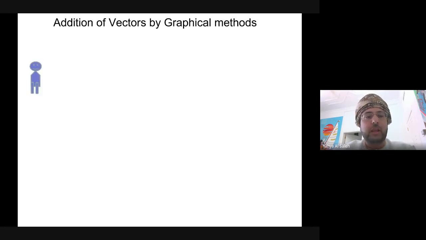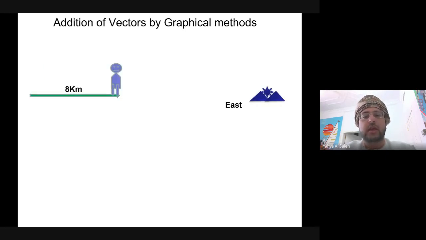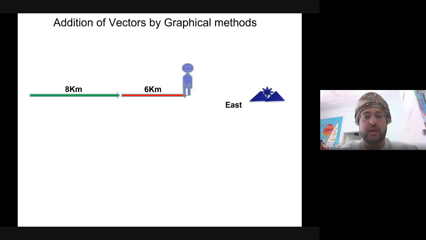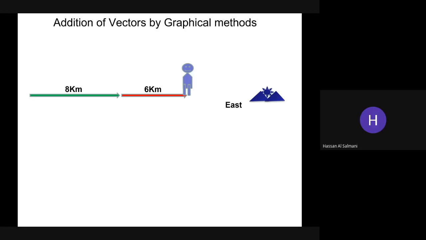Let's say this person is moving east by 8 kilometers and then moves further east by 6 kilometers. If I want to show the total displacement of this person, how should I show it? Just add the two. Okay, and show it how? How do I draw it? 14 kilometers. One line.